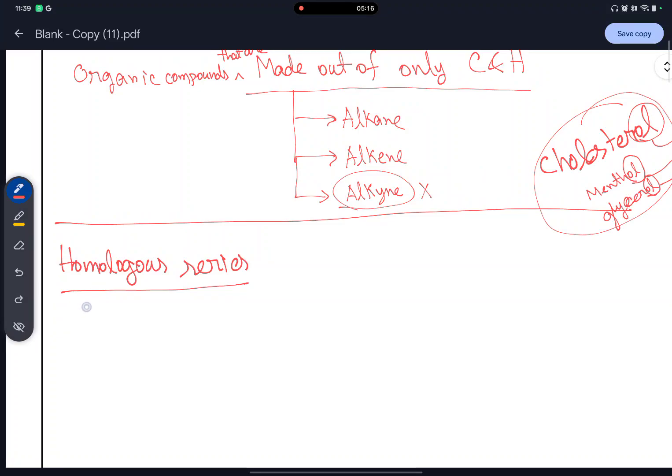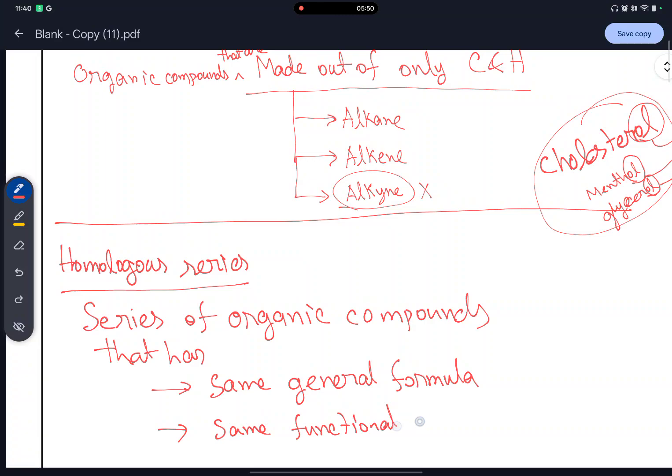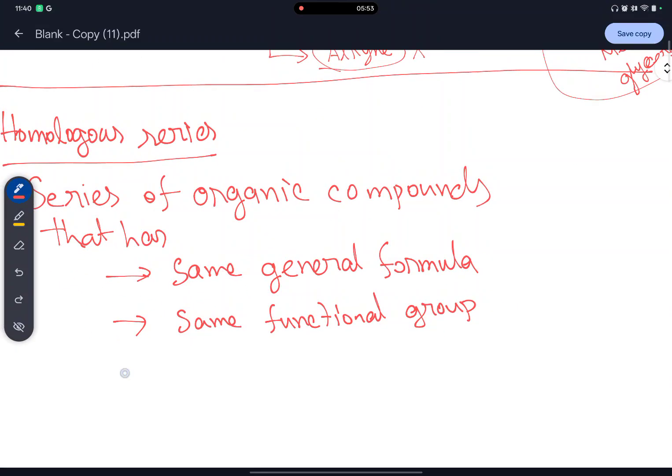So they are basically a series of organic compounds that have the same general formula, the same functional group, a trend in physical properties, and similar chemical characteristics.